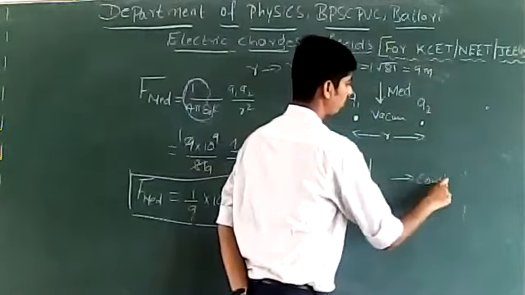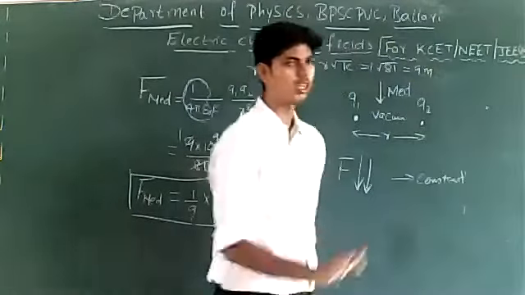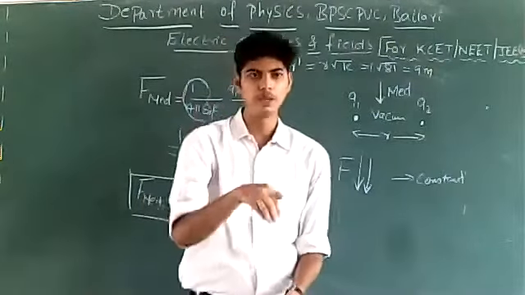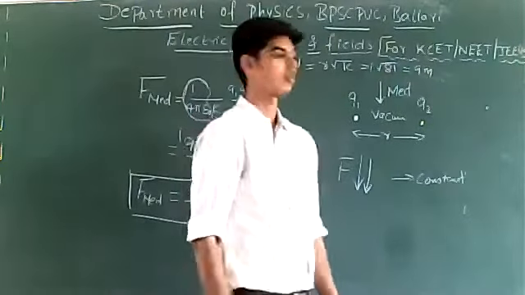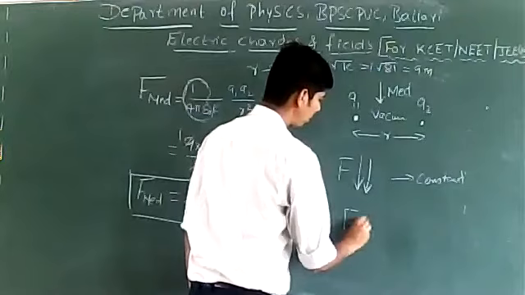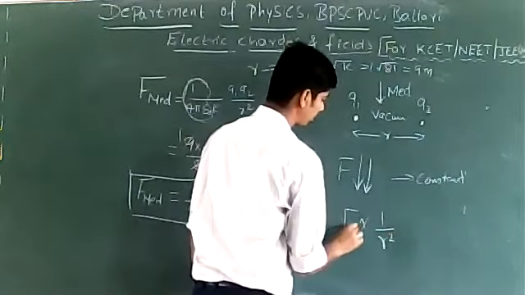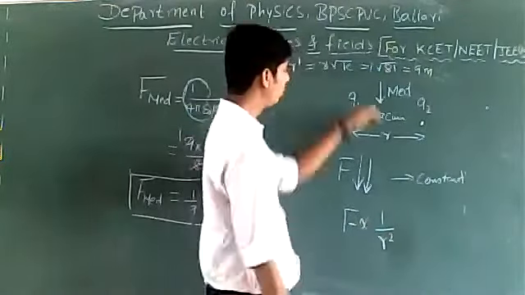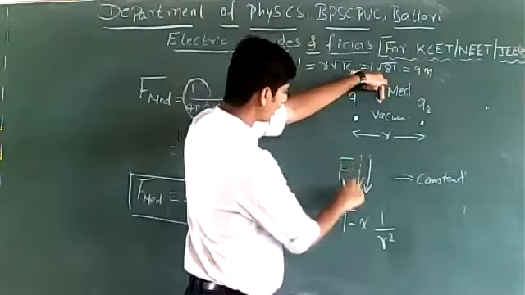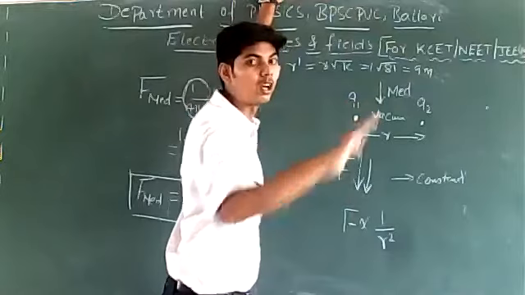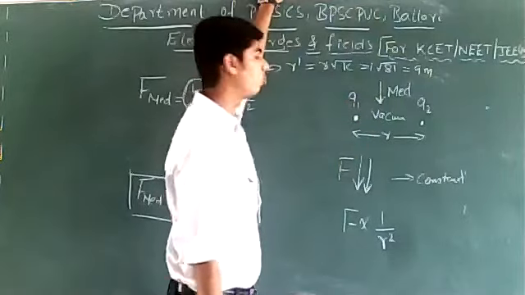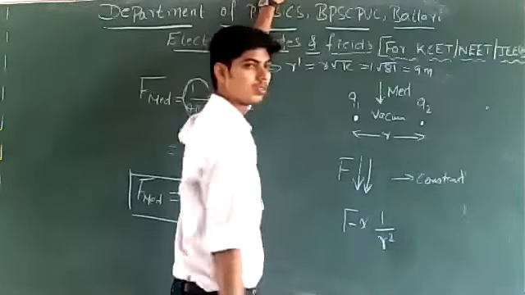I do not want the force to decrease after I introduce the medium. Force is inversely proportional to the square of the distance. I introduce a medium, the force actually decreases, but it should not decrease. I should maintain the force constant. So what are you going to do with the distance between the two charges?